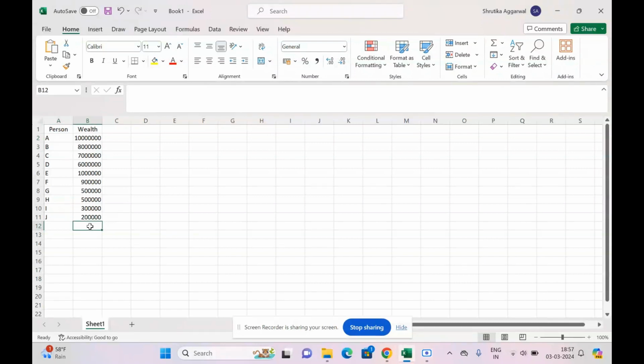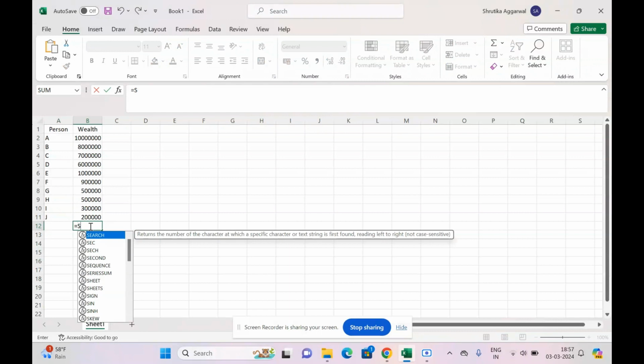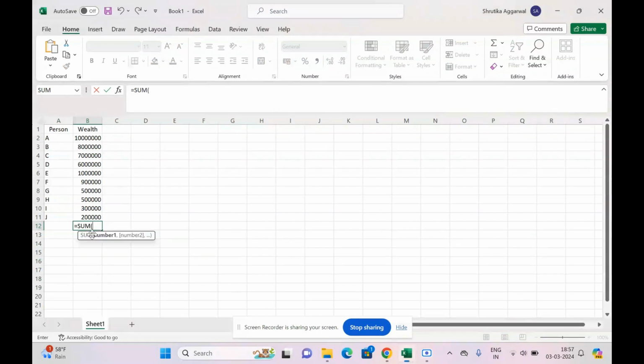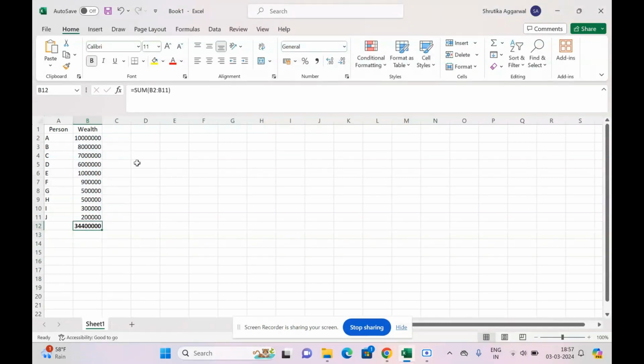For a Pareto chart, we need the cumulative sum. What I'll do is, first I will sum all these values. This is the total I get. Now I'll find percentages. What percent is this number of the total?